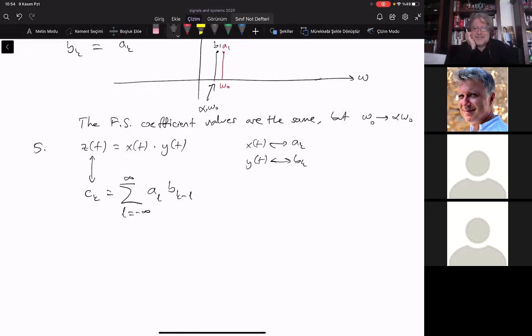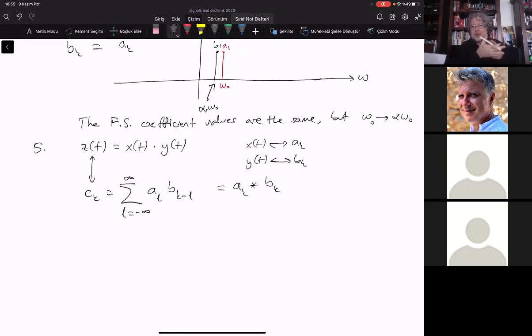Do you remember this formula? So I'm asking, convolution sum, exactly, Doğukan. That is very, very correct. It is the convolution of a_k with b_k.